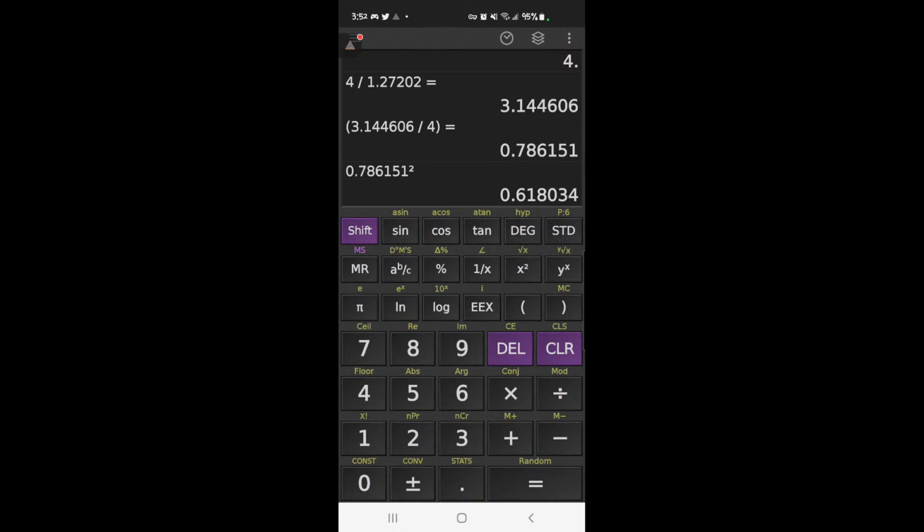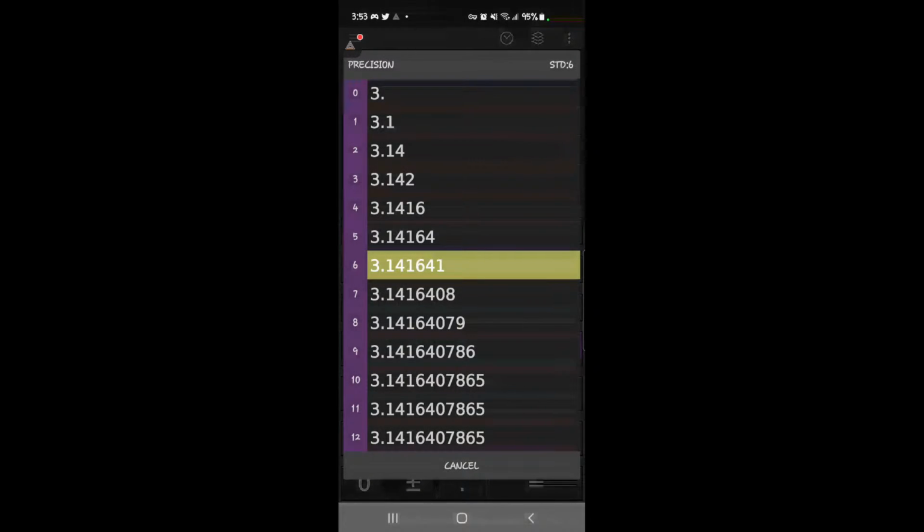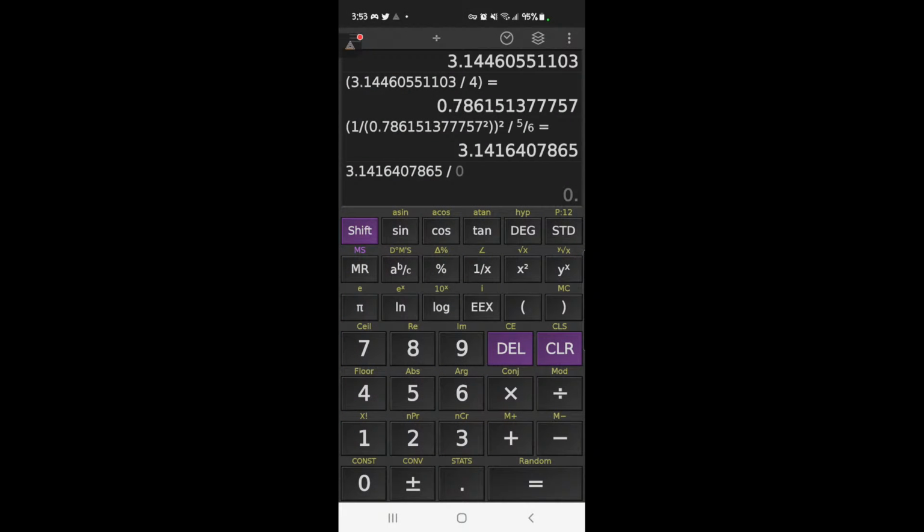And then after that you square the golden ratio and divide it by 5 over 6, which gives you another pi, which of course I do not know what that other pi is all about. But one thing is for sure: when you divide that other pi by 6, it gives us something that looks so much like the qubit.